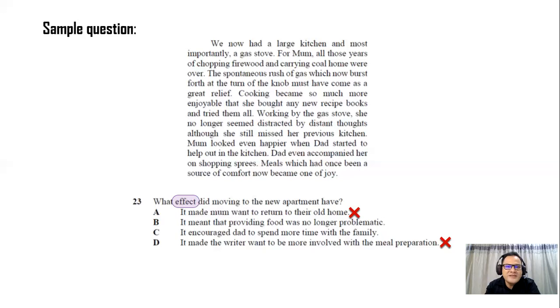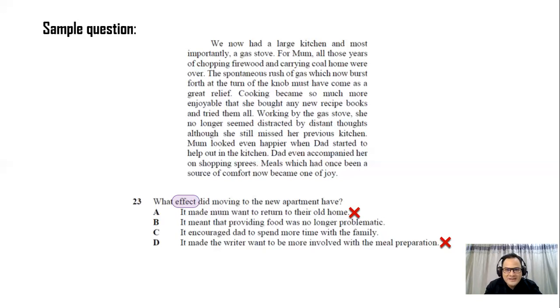The spontaneous rush of gas, which now bursts forth at the turn of the knob, must have come as a great relief. Cooking became so much more enjoyable that she bought many new recipe books and tried them all.